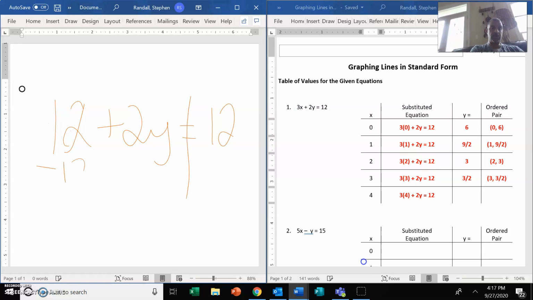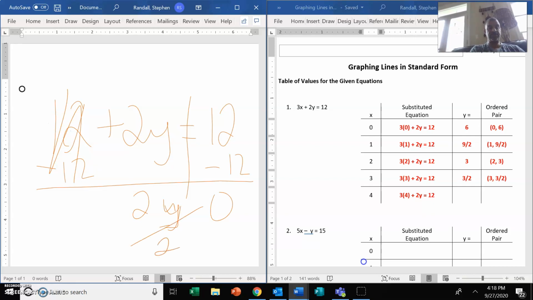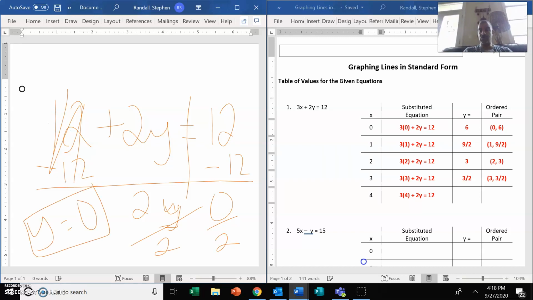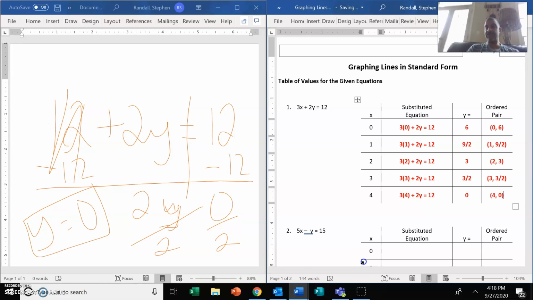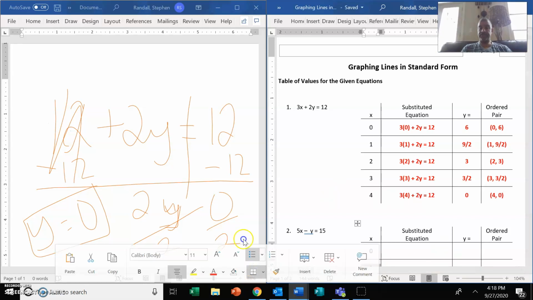So I subtract 12 from both sides, and I get 2y equals 0. Well, that's weird, but 0 is a number, so I can still divide by 2, and 0 divided by 2 equals 0. So over here I can put y equals 0, and now my ordered pair is x is 4, y is 0, and I've got 5 ordered pairs for that equation.